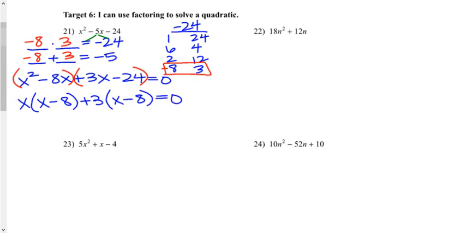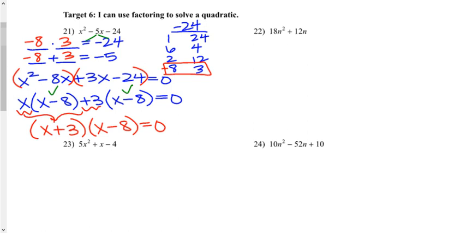My whole goal is to get these two factors to be the same. So now my actual final answer is x plus 3 times x minus 8 equals 0. I pulled these two together to make this, and then I pulled these two together to make this.